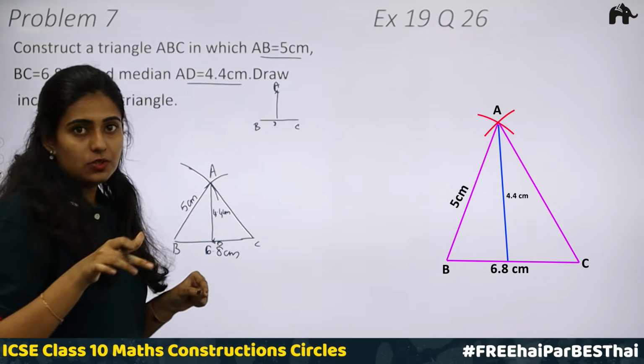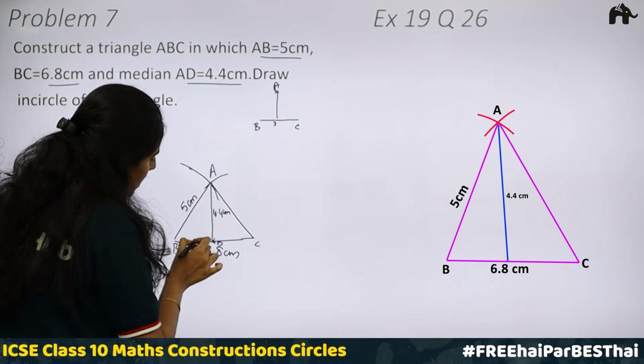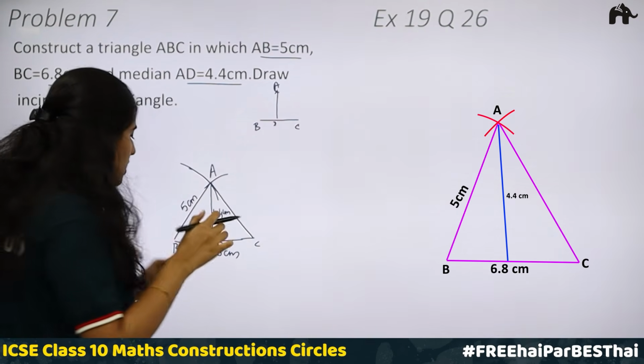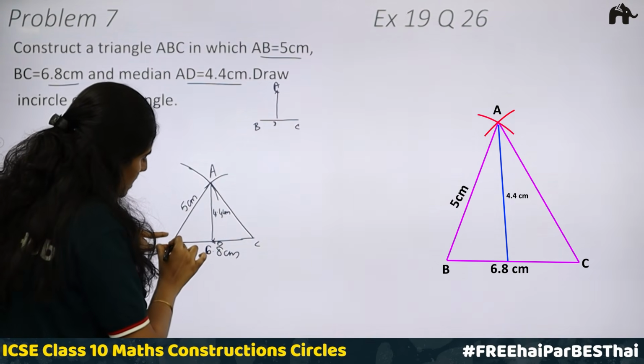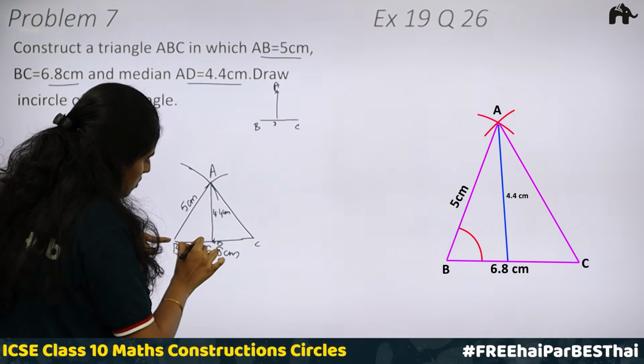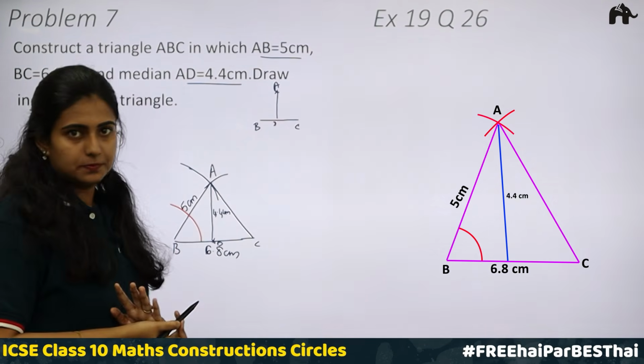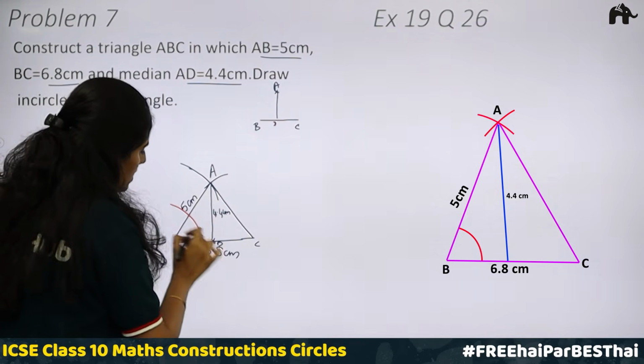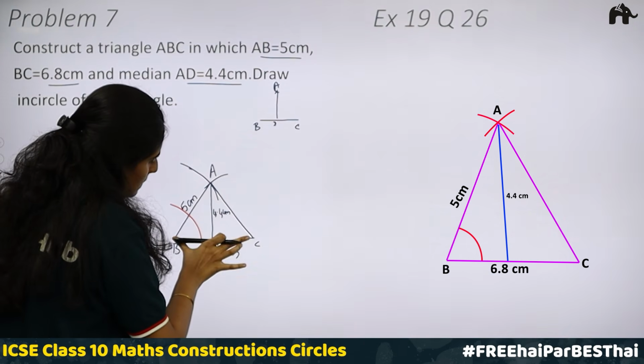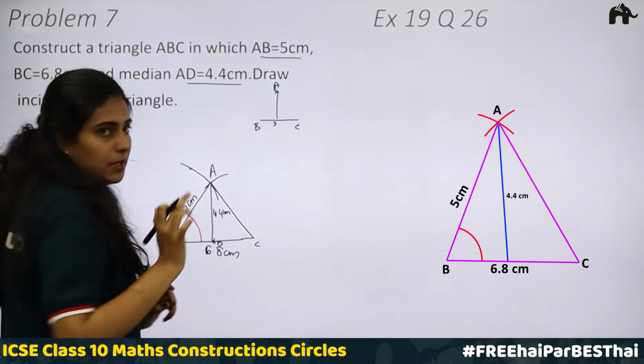For that, what we will do? We'll draw an arc with some measure. Keeping center at B, draw an arc. So, this is the arc. Now, this arc touches side BC and AB.